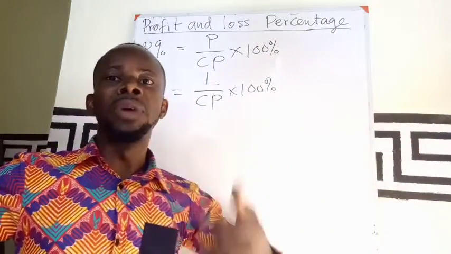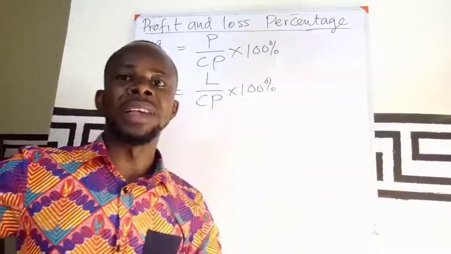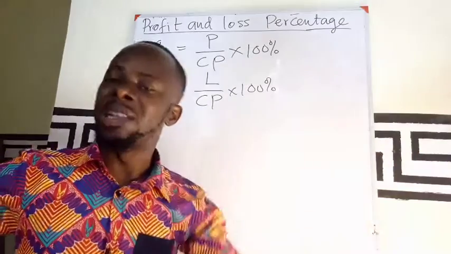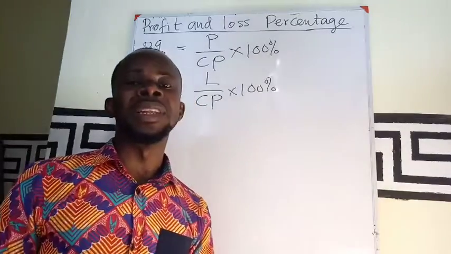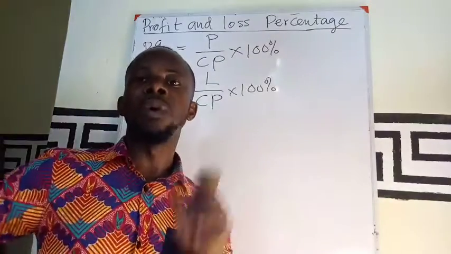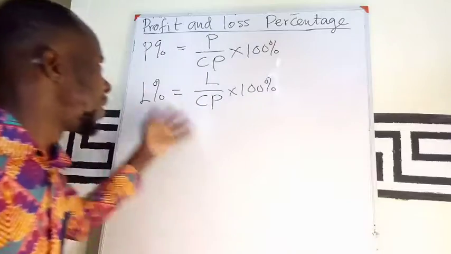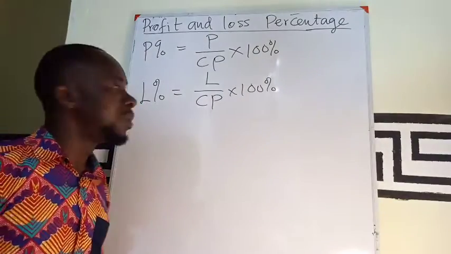Because the selling price is money to be realized, but the cost price is the money I have used to buy the article. So a loss percent and a profit percent are always calculated on the cost price. Now let's see if we can take a question on this.